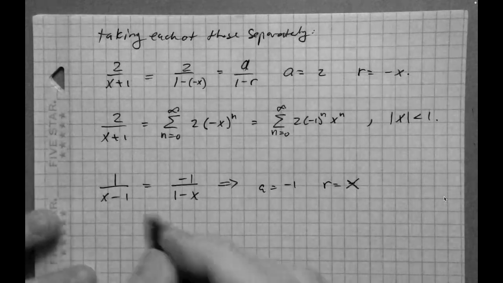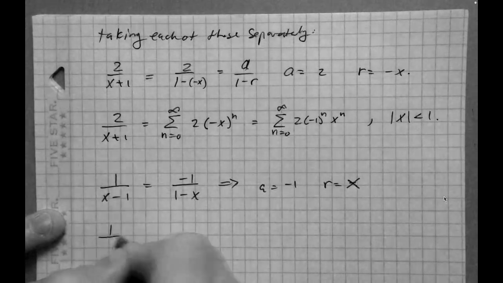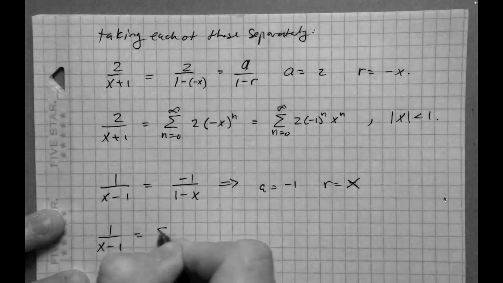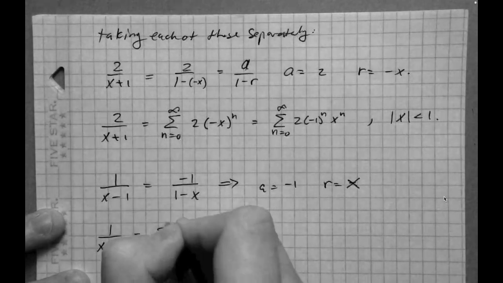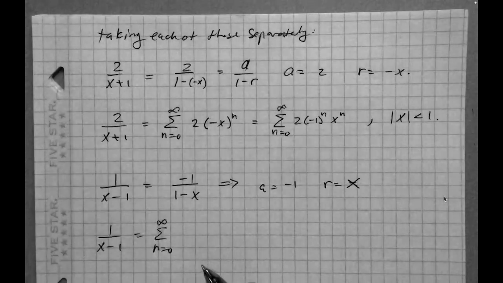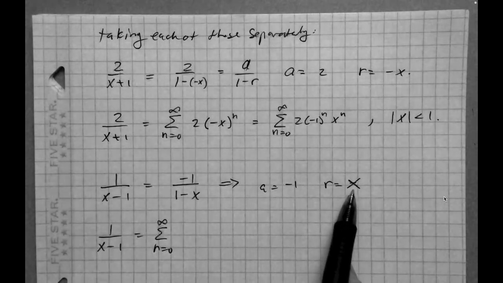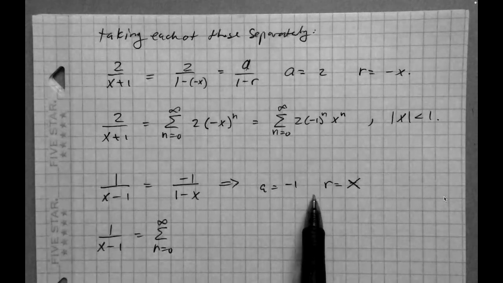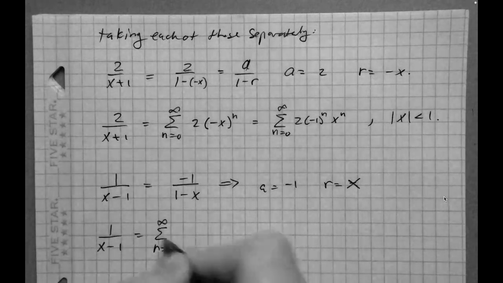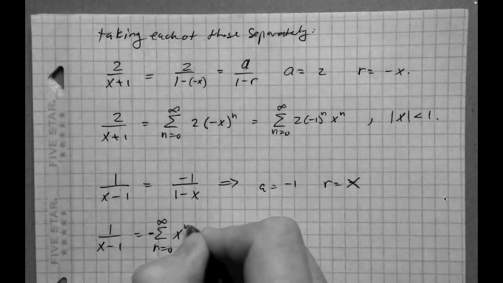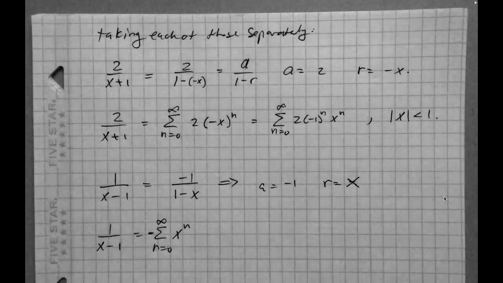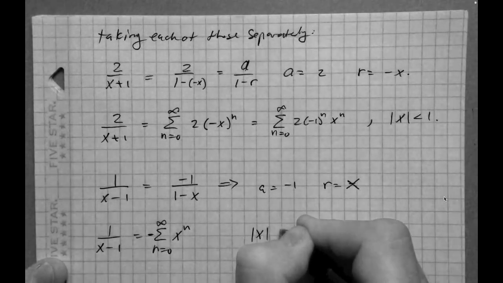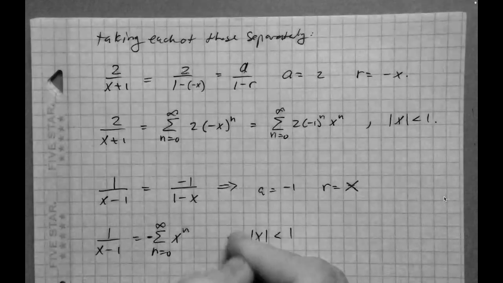And so in this case, 1 over x minus 1 is equal to the sum from n equals 0 up to infinity of, it's basically just negative 1 times x to the n. So I'm going to put the negative out front and write it like that. Okay, and again, this is going to converge when the absolute value of x is less than 1.